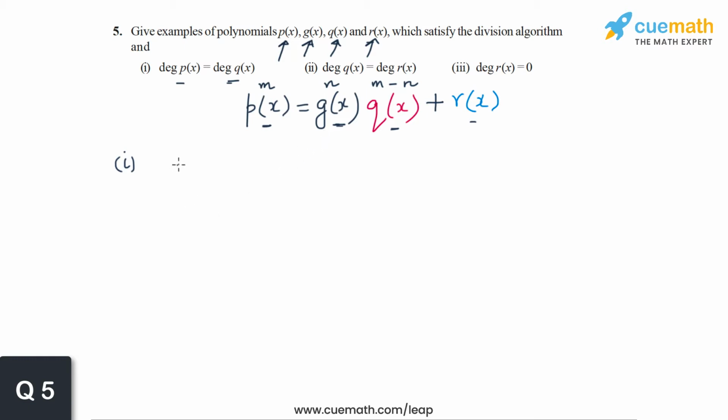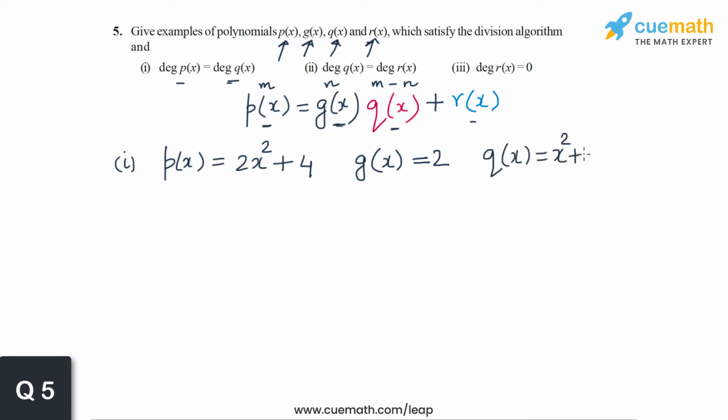For example, if I take p(x) to be 2x square plus 4, and if I take the divisor to be a constant polynomial 2, and if I divide p(x) by g(x), then the quotient polynomial I will get is x square plus 2. So the quotient has the same degree as the dividend, and this is an example where this is possible.